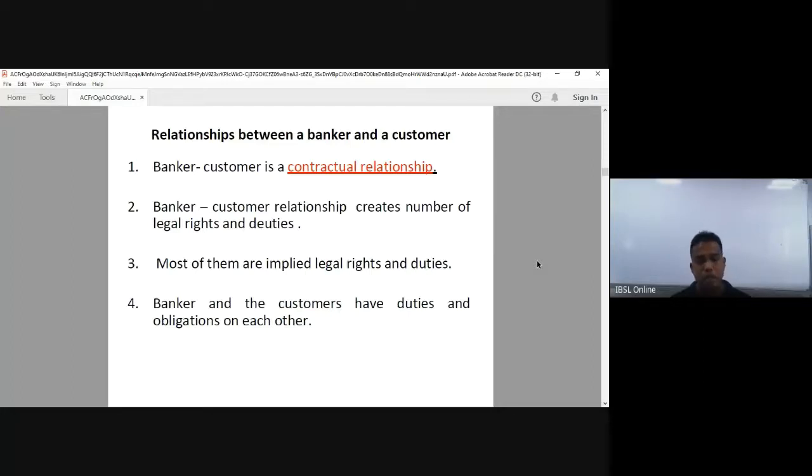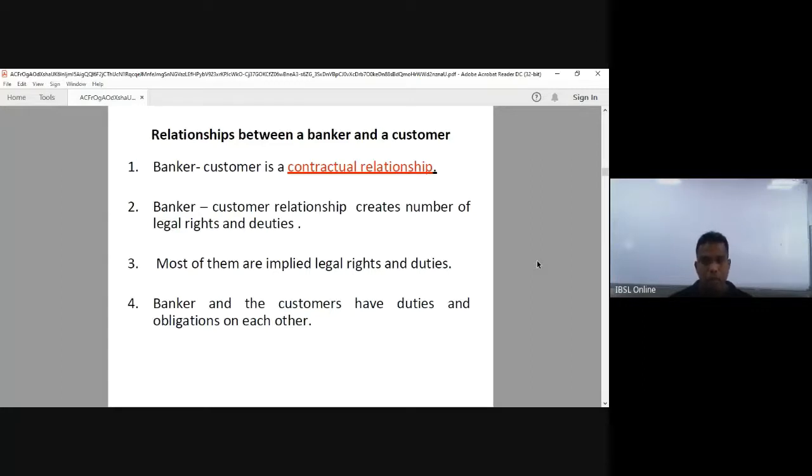So under the banker-customer relationship, the parties, that is banker and customer, have duties on each other. When a banker has a duty towards the customer, the customer has a right against the bank. When the customer has a duty towards the bank, the bank has a right against the customer.